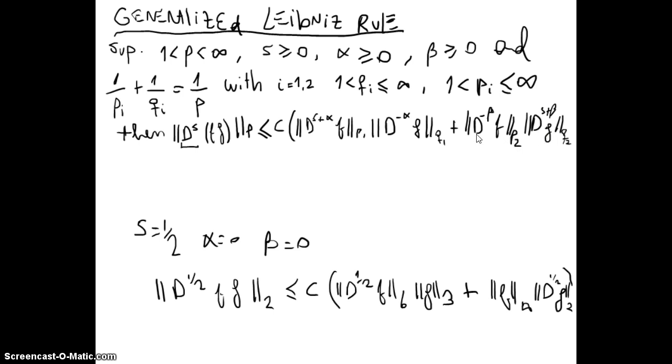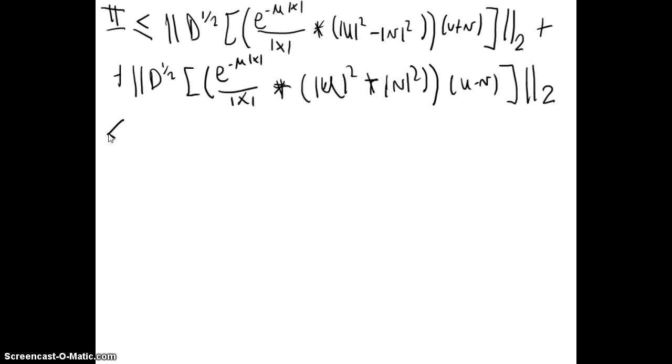So if we use this with s equal to 1/2, alpha equal to 0, beta equal to 0, and p_i, q_i the same way we used in the Hölder in the first part, we will have that D^(1/2) of fg in norm 2 is going to be bounded by this: norm 6 of g, norm 3 of f, norm infinity, D g 2. Okay, so let's use that.